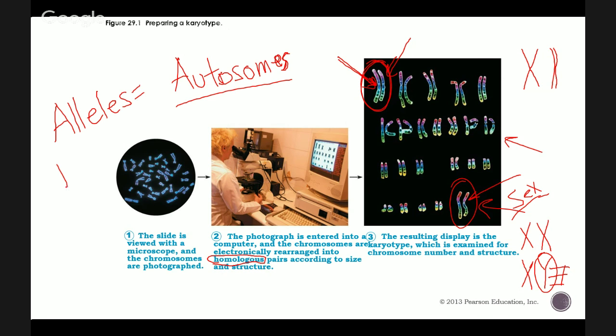The fancy word for traits. Follow me? Like the trait for eye color. Or I should say eye color is the trait, right? So where you see the genetic coding for each trait, that's called an allele. So the allele for thickness of hair, the allele for eye color, the allele for whether you have attached or not earlobes, that kind of thing.